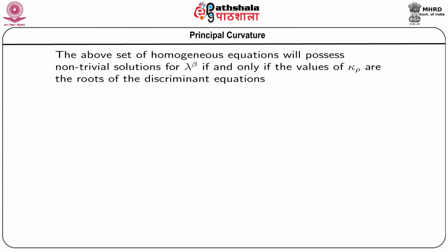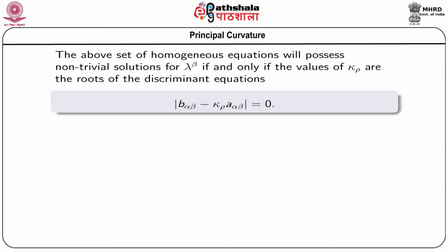Now, this is a set of homogeneous equations and will possess non-trivial solutions for lambda beta if and only if the values of kappa rho are the roots of the discriminant equation, that is the determinant of b alpha beta minus kappa rho a alpha beta equals 0.